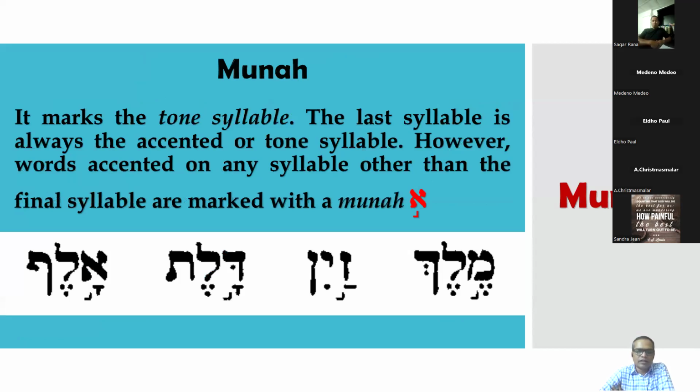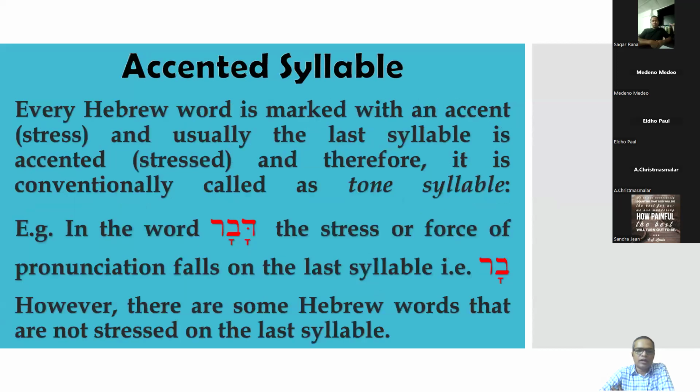All right. As I said, in any Hebrew word an accent will be there. That means the last syllable should be stressed while reading. You will not see any accent mark, but it is understood that the last syllable is the tone syllable. When I say accented syllable, it is the tone syllable where you need to stress.